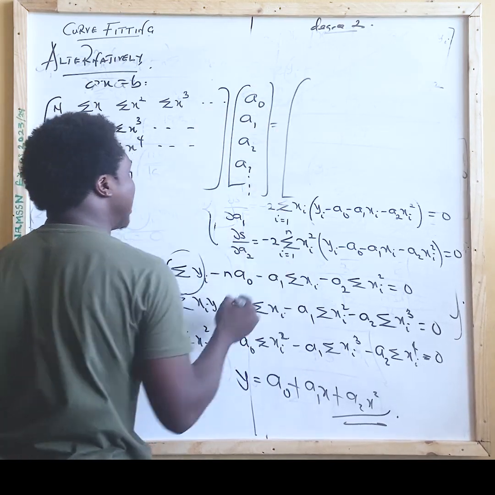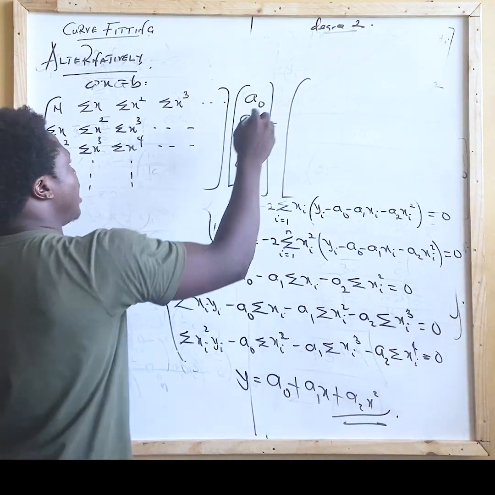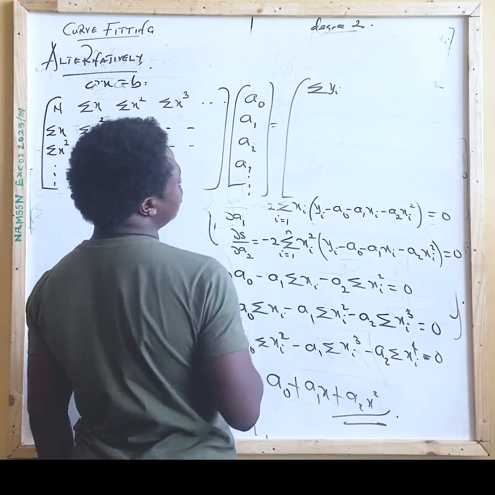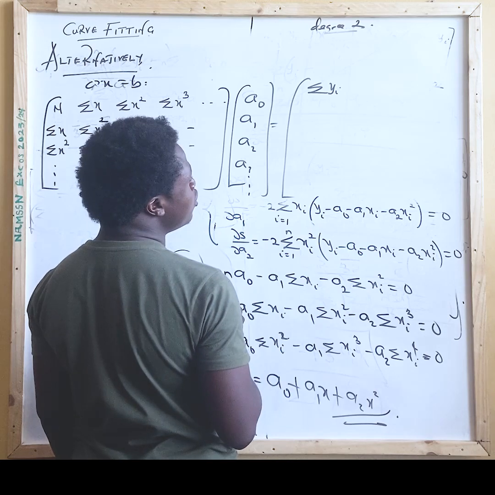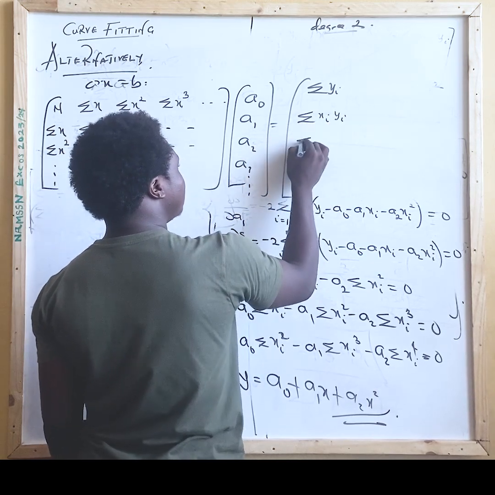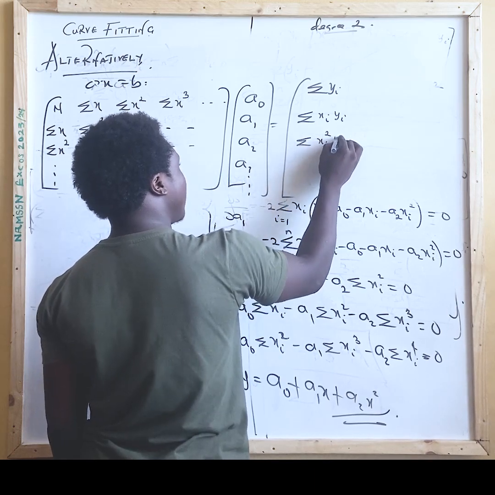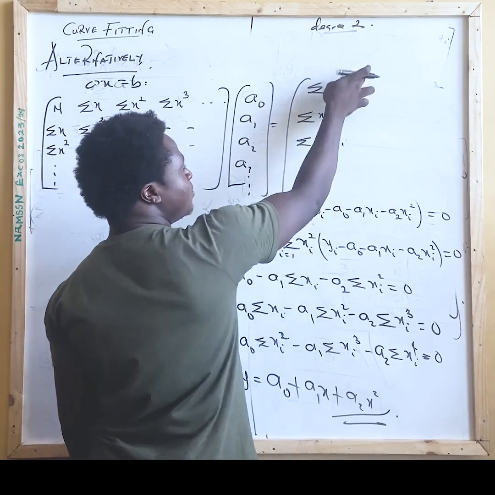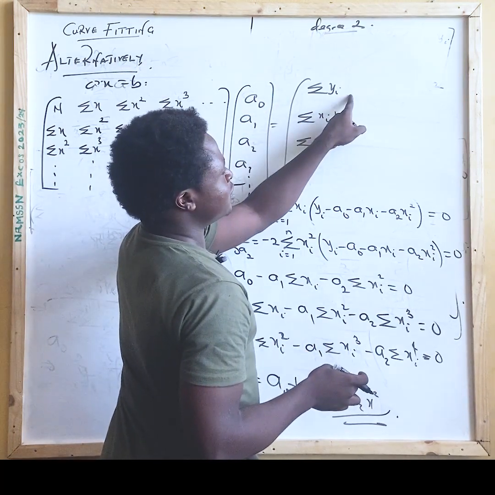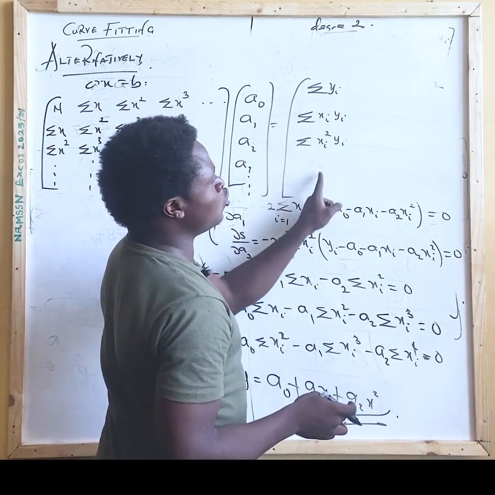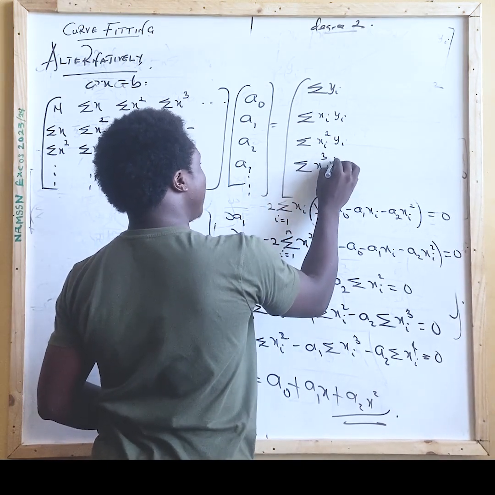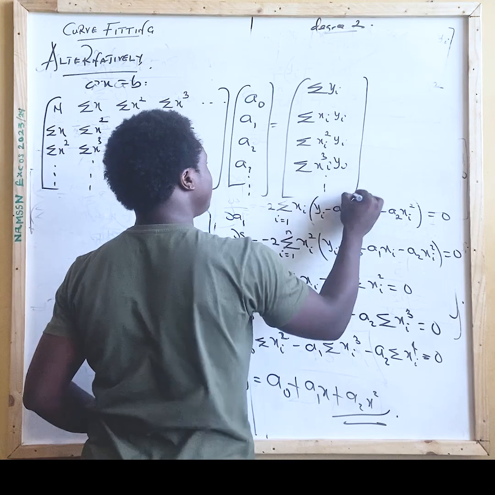Now our b are the ones with y. So here I'll write summation yi. Someone may think summation yi square, no. Then summation xi yi, summation xi square yi, summation xi cube yi, and so on.